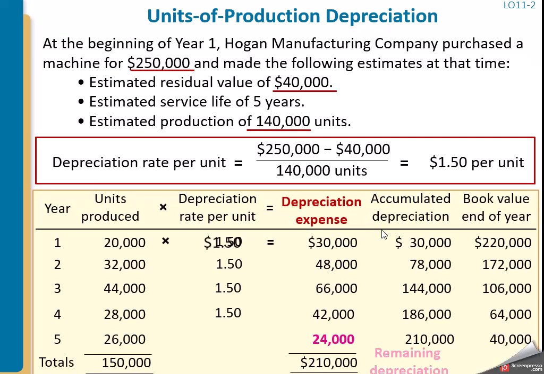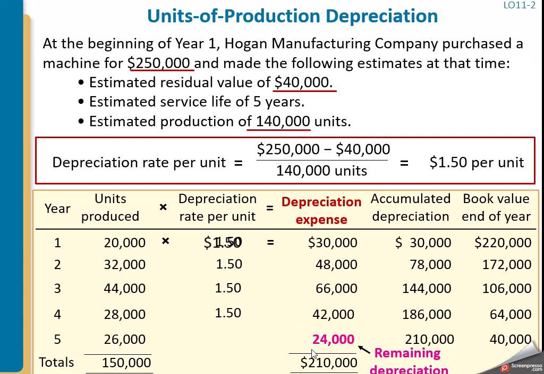Then each year you take the units produced and multiply them by the $1.50, and that will give you your depreciation expense. And again, because we've already subtracted the salvage value up here, after we allocate that out to all of our units, we'll end at the 40. But this is another one where you'll get down to that 5th year, because again, this 140,000 units is an estimate.